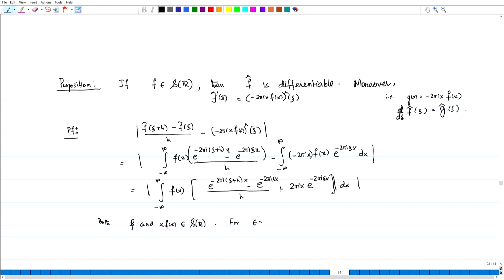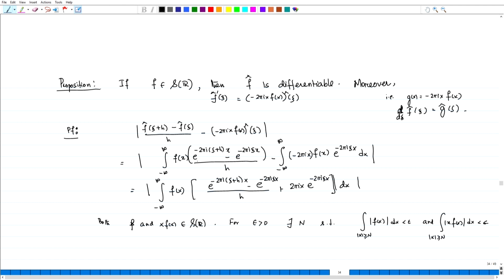For epsilon positive, there exists an N such that the integral over mod x greater or equal to N of mod f(x) dx is less than epsilon, and the integral over mod x greater or equal to N of mod x f(x) dx is less than epsilon. That is the tail of the integral, they are small.